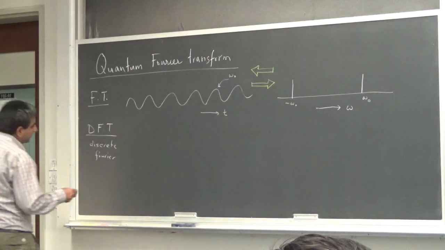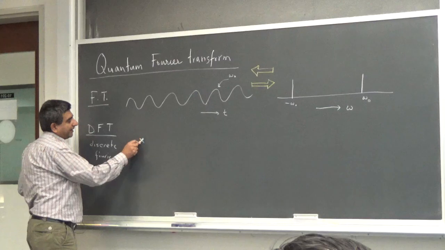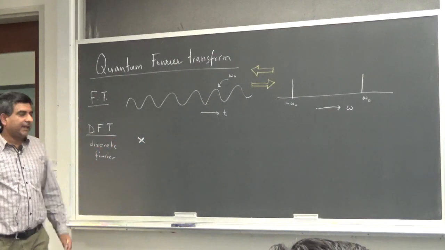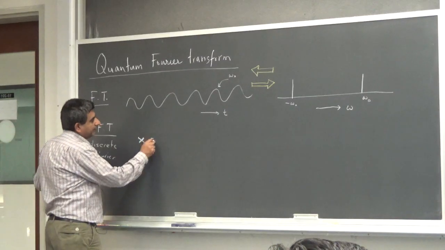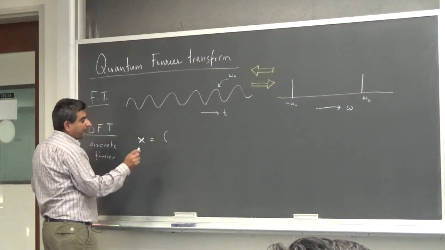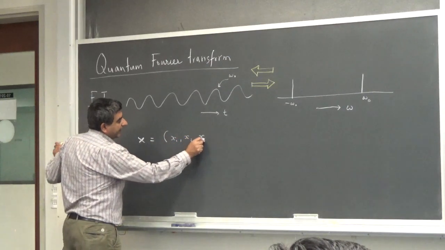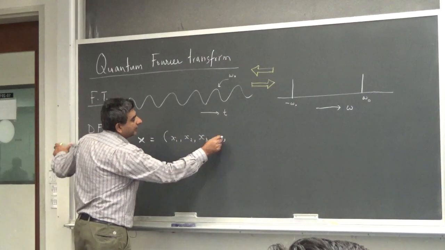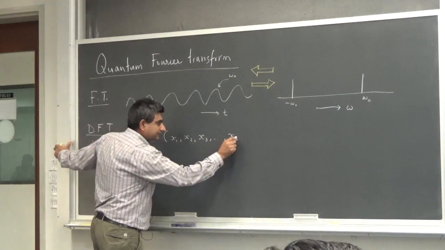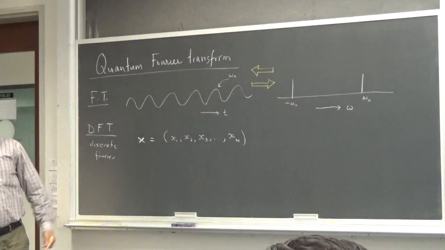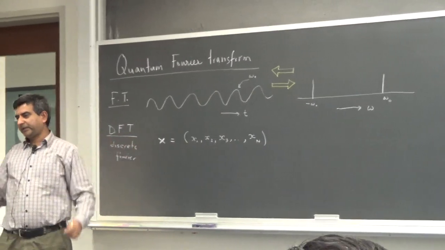Suppose I'm given the vector x, right? So I represent this vector by thick boldface x, and this x has certain components, for example, x1, x2, x3, and so on up till x, say capital M. So this is a vector living in an n-dimensional Euclidean space.